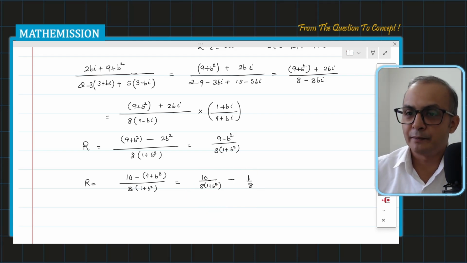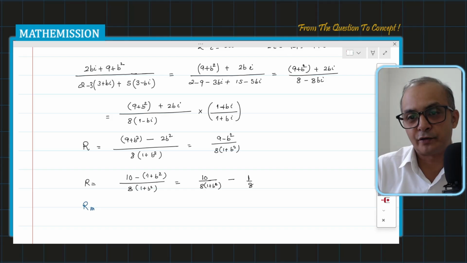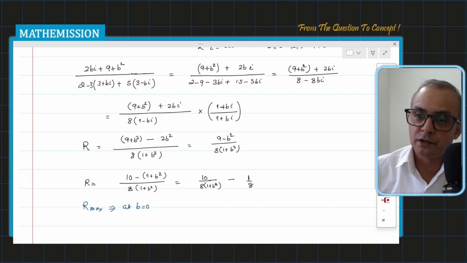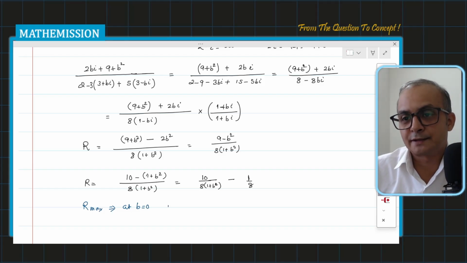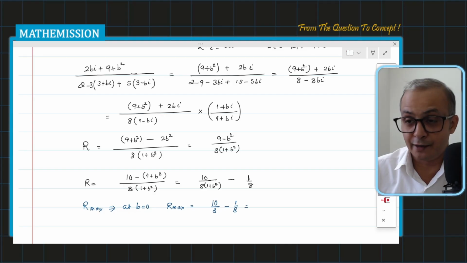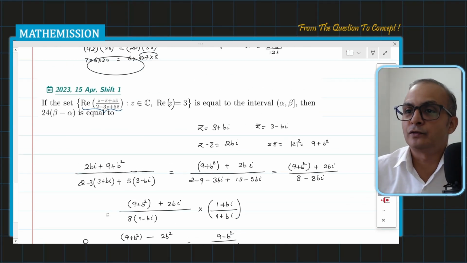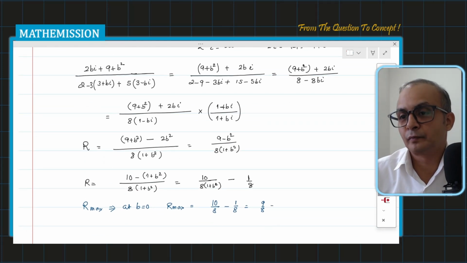So R max we can find when b is equal to 0, because this is the minimum value of b square. So we get R max is 10 by 8 minus 1 by 8, that is 9 by 8. So that is the value of beta.